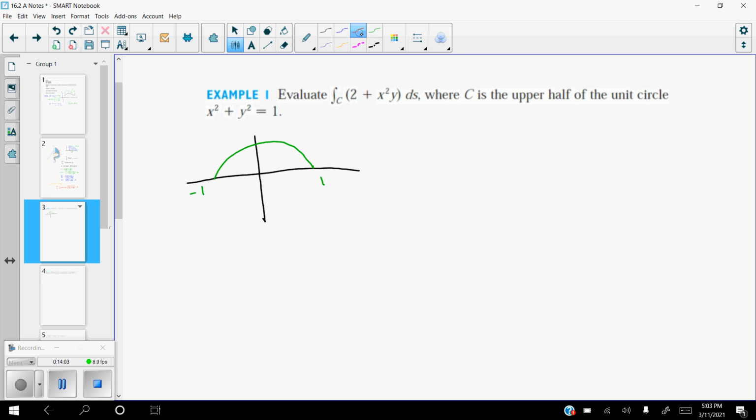Now again, whatever this 2 plus x squared y does, I'm going to try and redraw this. This is not straight up on the y-axis, this is coming off of the page. It's going to do whatever it's going to do all over this thing. It's too hard to draw from this perspective. So let me go ahead and sketch this thing three-dimensionally. Because it's extending on the x-axis, I'll go that way.